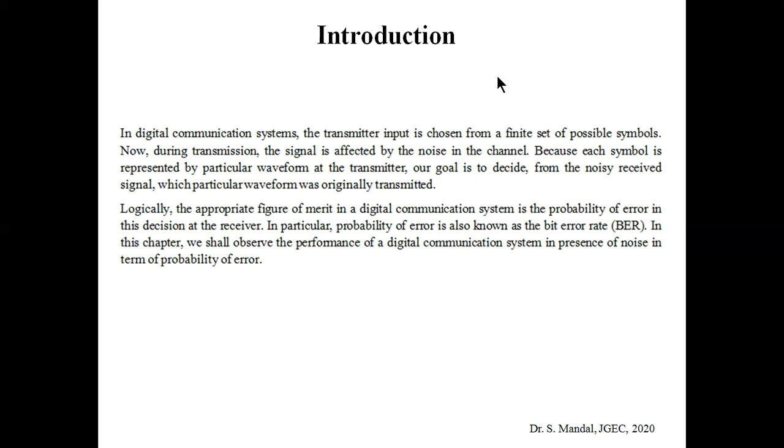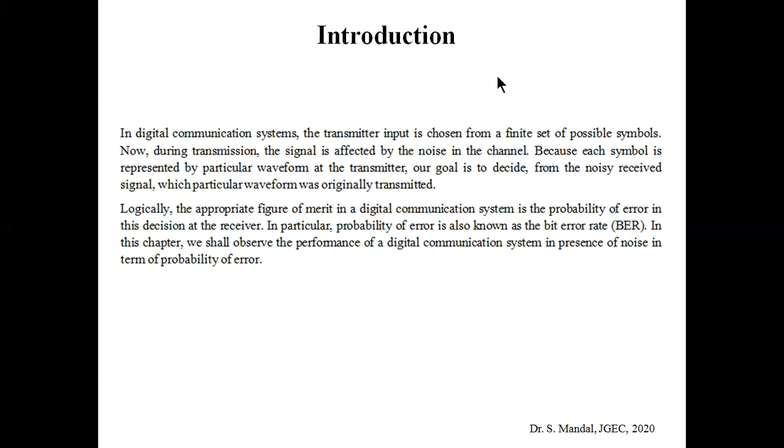But as we already told, the signal can be affected with noise like white noise, flicker noise, shot noise. Basically, we shall consider only white noise for this particular discussion. However, as there is a tendency or probability that a signal can be affected by noise, obviously there will be some kind of probability of error associated with the decision at the receiver end.